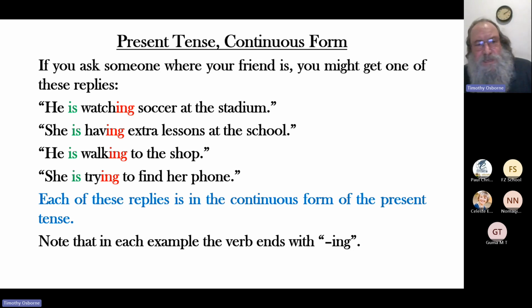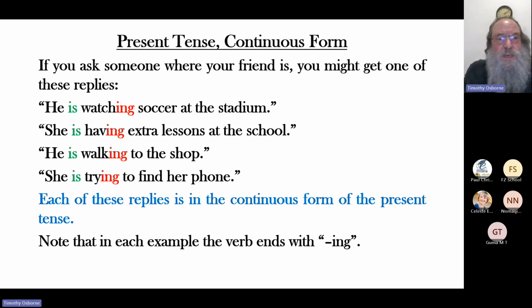You notice I put some color into this one. And I've given you, again, another example of replies that you might get to a question. And you've got it there in the present continuous form. You'll notice the auxiliary verb is in green, and the ending, the suffix to the verb, is in red.